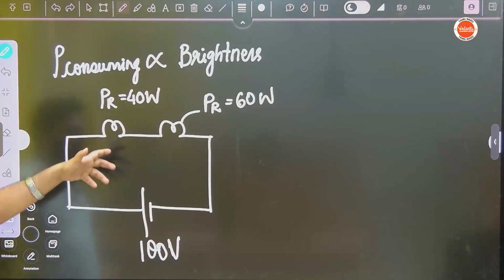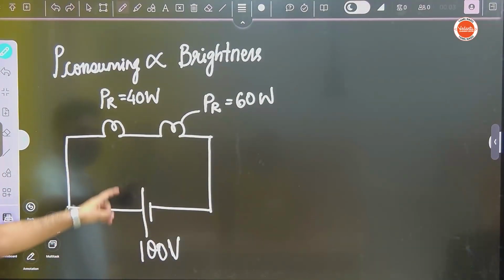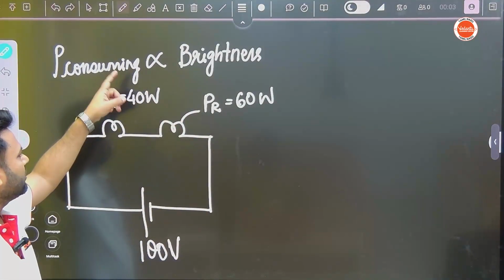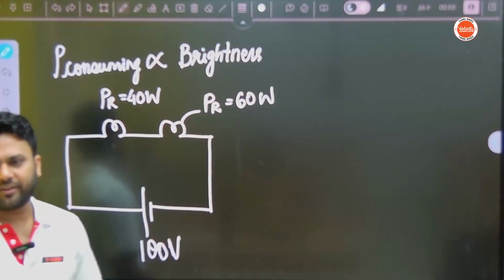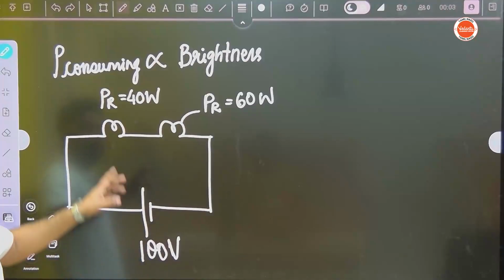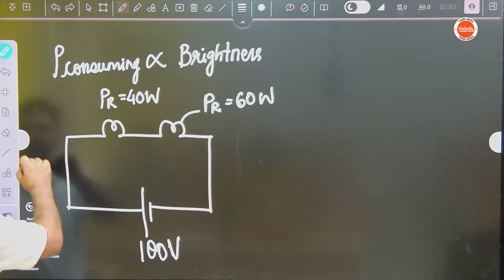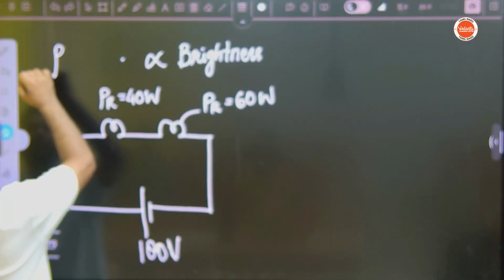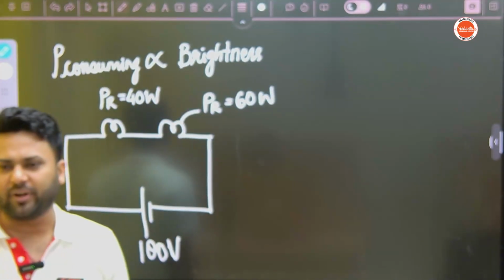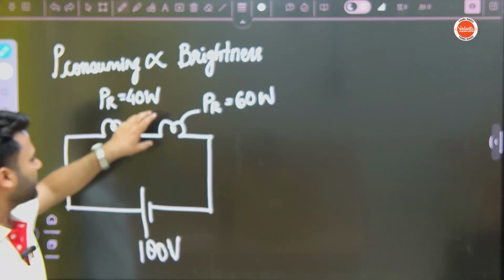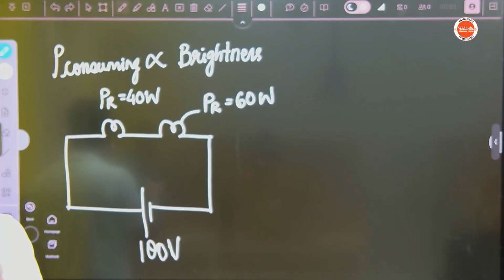Which bulb will have more brightness? Don't write that 60 is more, so directly this bulb will have more brightness. No. What I told? The power the bulb is consuming is directly proportional to brightness. This is rated power. Power consumed, I told how to calculate.